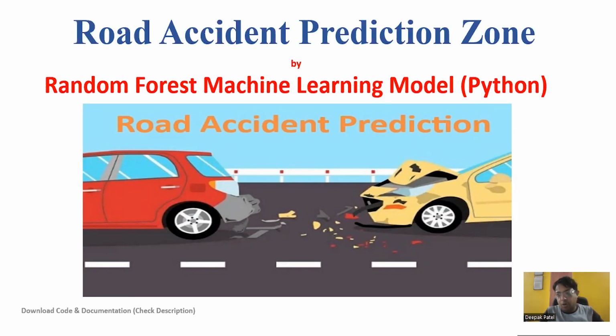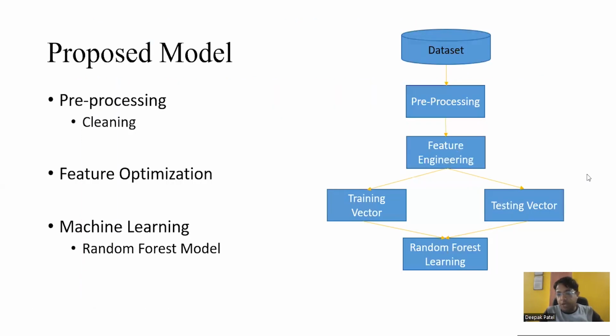If we talk about the flow of this work, we take the data set and remove some unnecessary columns during the pre-processing part that comes under training. After this, we do some feature engineering where we apply SMOTE in order to increase the size of the data set.